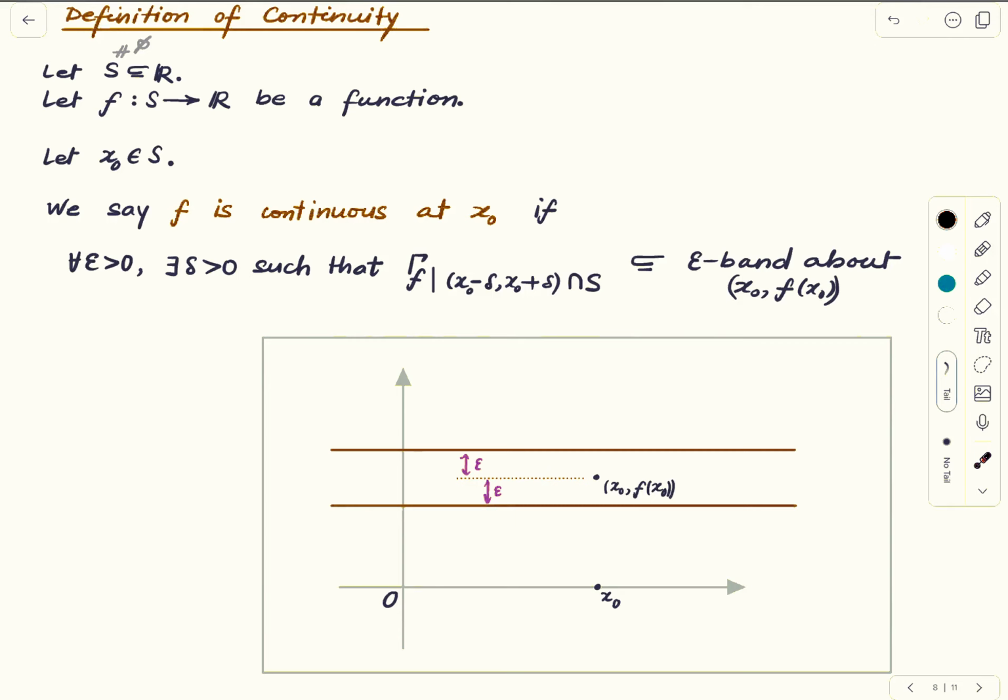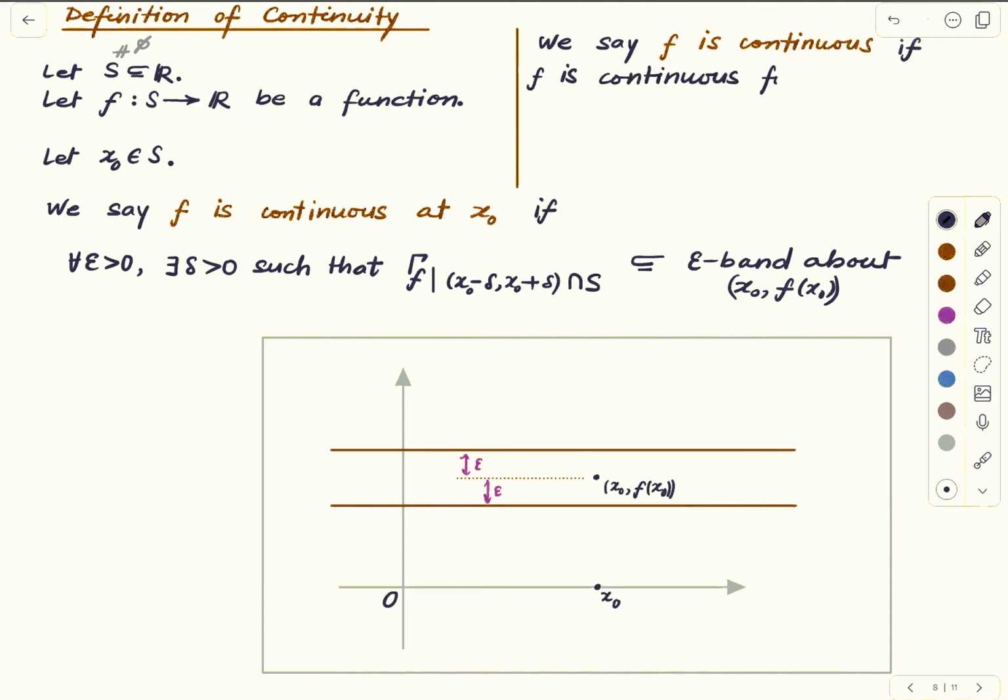Okay, so before we proceed, let me make one more definition. We say that f is continuous if f is continuous at each point of the domain. Continuous at all points in the domain.